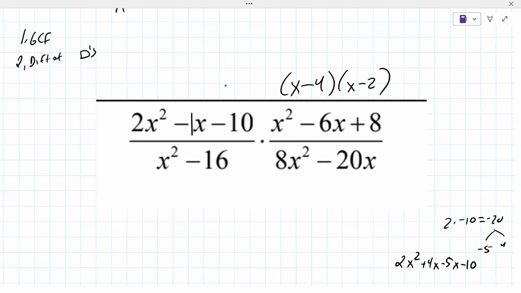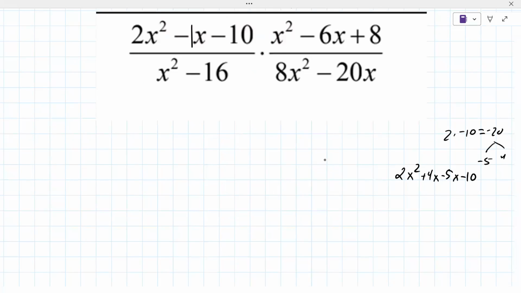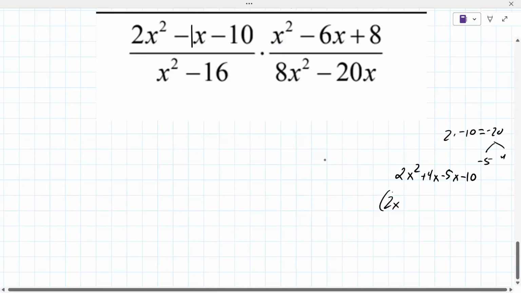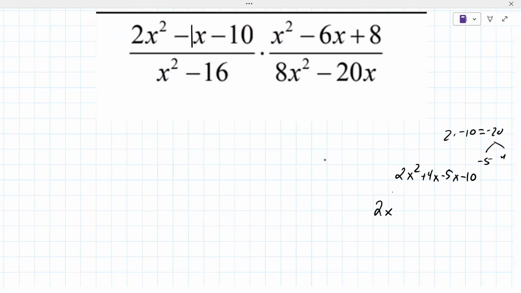So wait, wouldn't it be 2 plus 4, then x minus 5? This factors into 2x... So it's 2x, and then x plus 2, x plus 2 minus 5. 2x minus 5 times x plus 2.